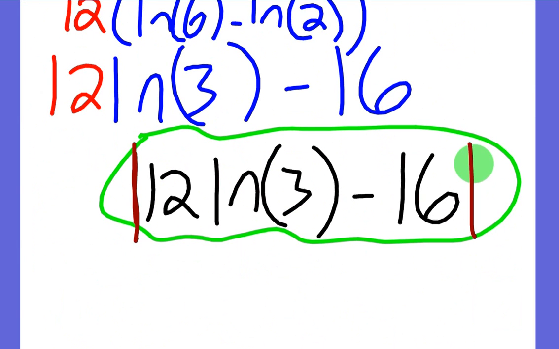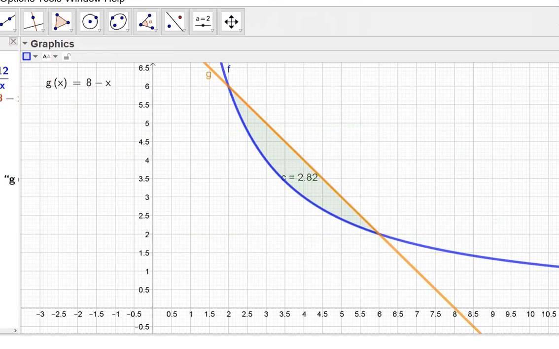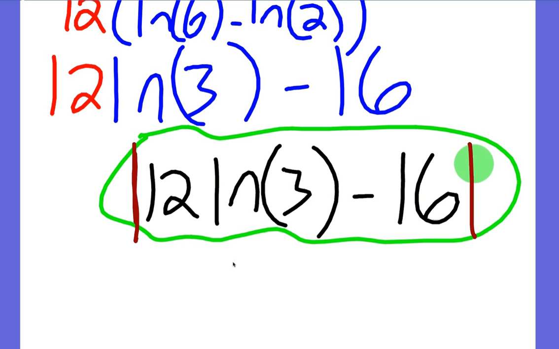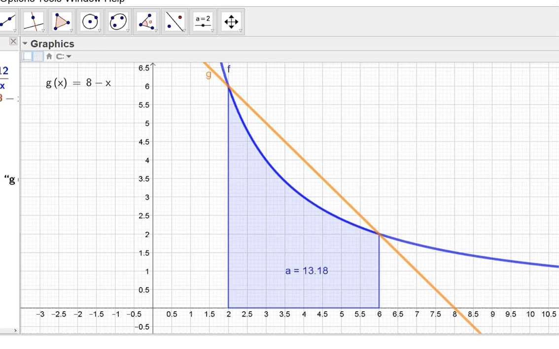So let's take a look at the graph to confirm that. If we look at our blue, this right here, based on what we were working with, is our 12 natural log of 3. So take 12 and multiply by natural log of 3, you get 13.18, which is smaller than the 16.